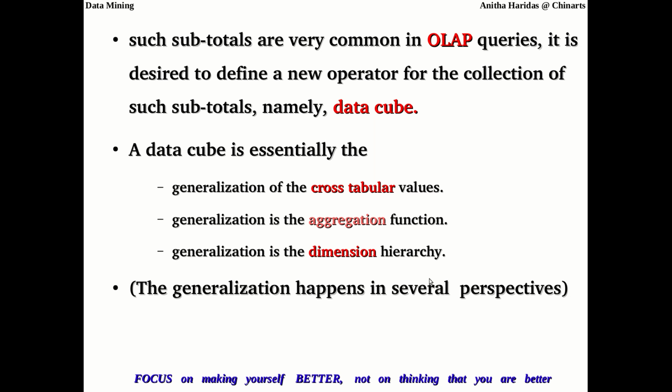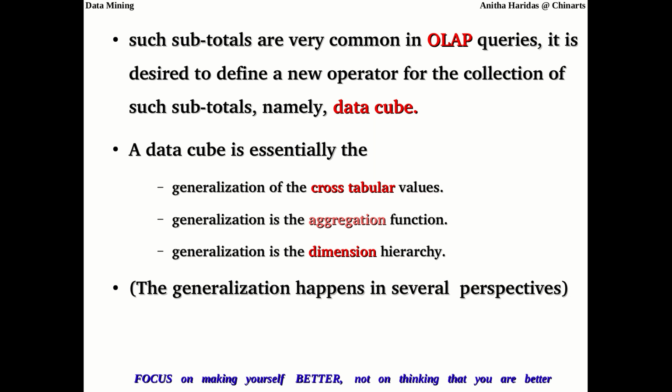What do you mean by different dimension hierarchy? Say, you want to find out the sales report. Now, when you take the sales report, it may be based on year, or half yearly, or quarterly, or weekly.